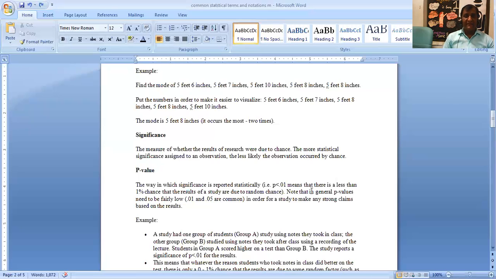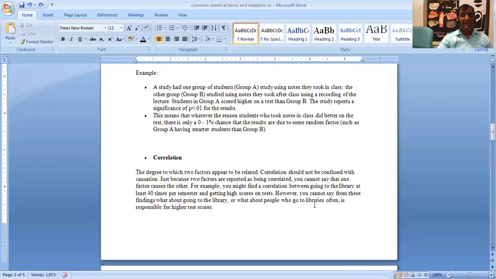If the researcher has decided the significance level is 1%, that means the result is significant when the p-value is 0 to 0.01.